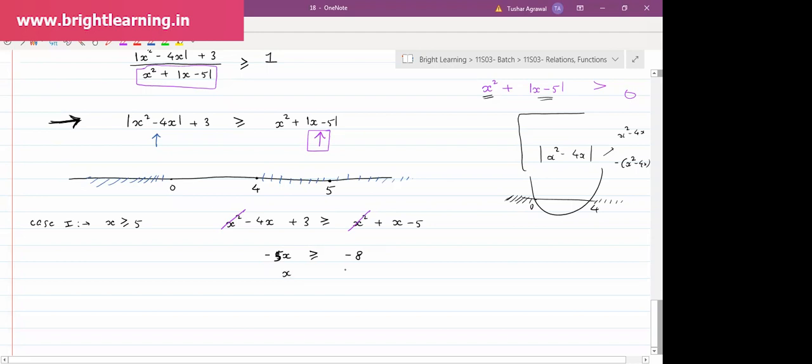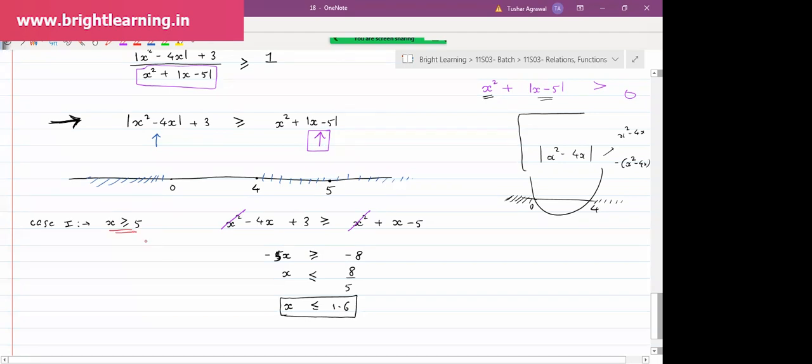I will divide by minus 5. When I divide by minus 5, it becomes 8 upon 5, and I will reverse the inequality. So it should have been written actually x is less than or equal to 1.6.